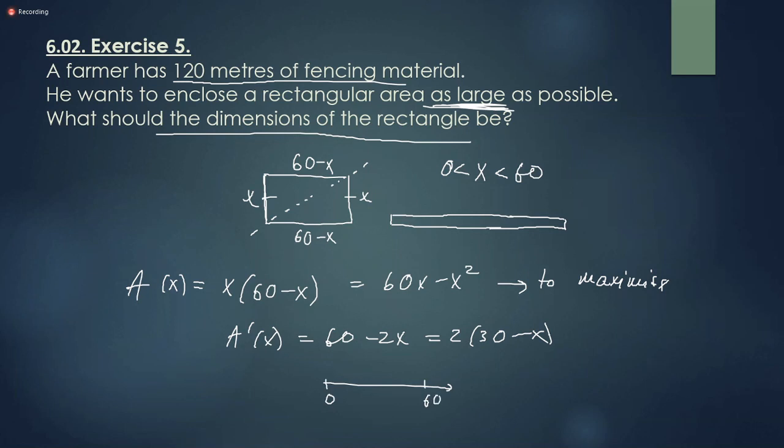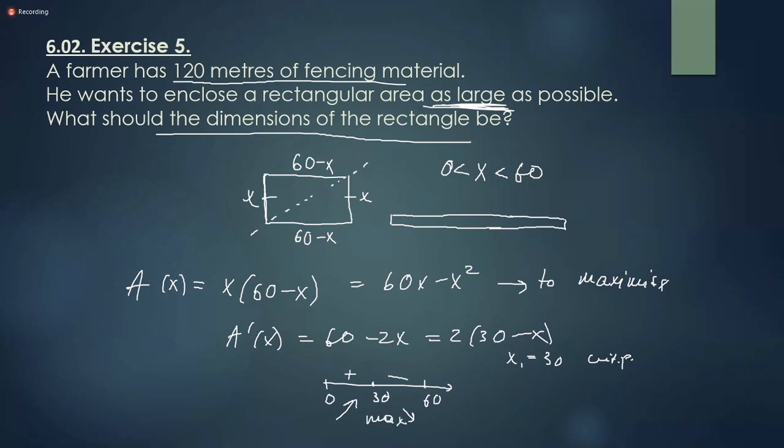We see the critical point. The critical point is 30. Now let's see again. If x is too large, then the derivative is negative. If too small, then positive. We see that, yes, this is the maximum point.